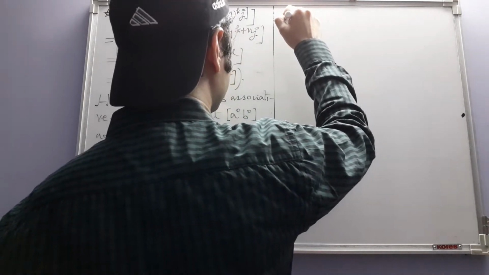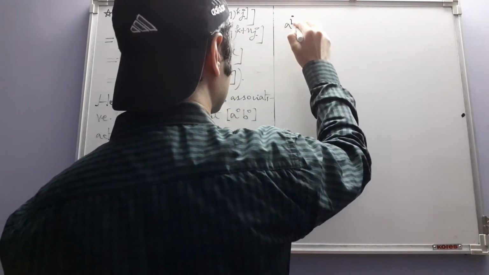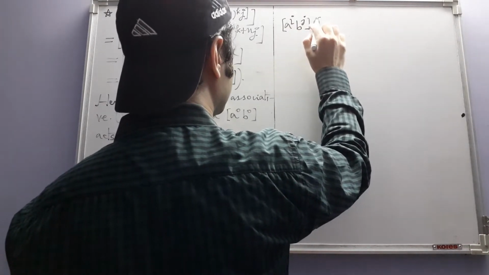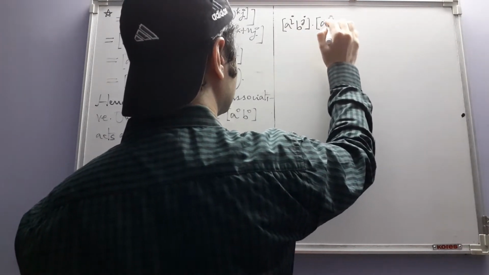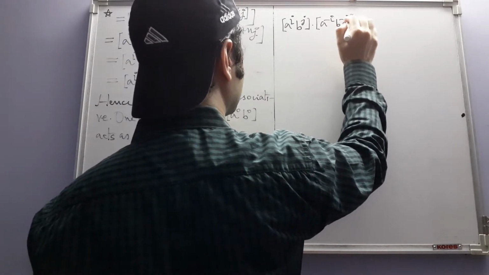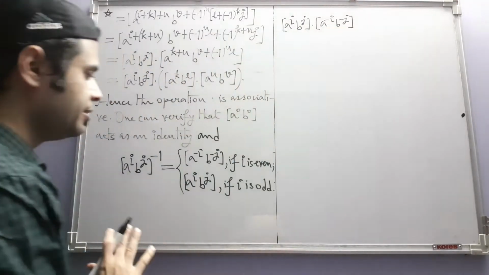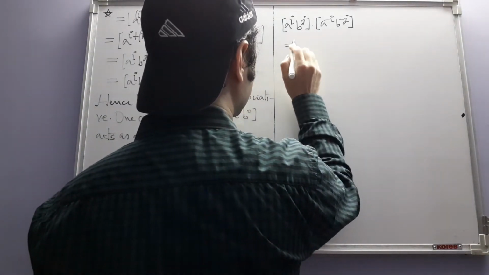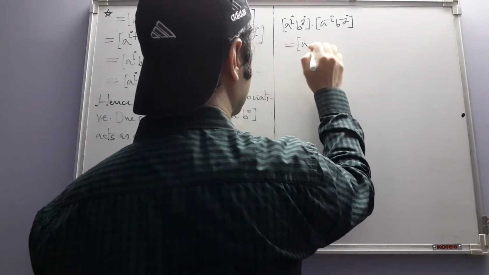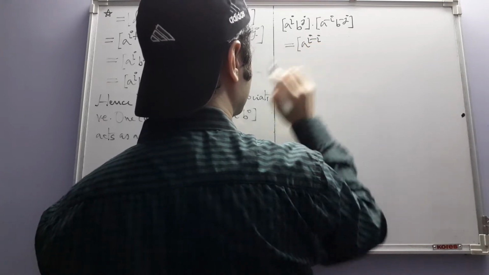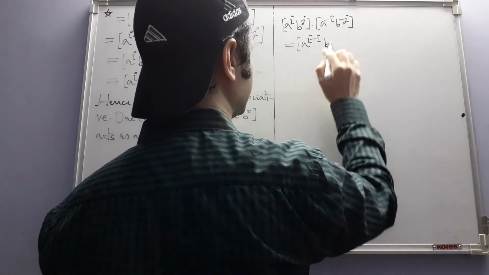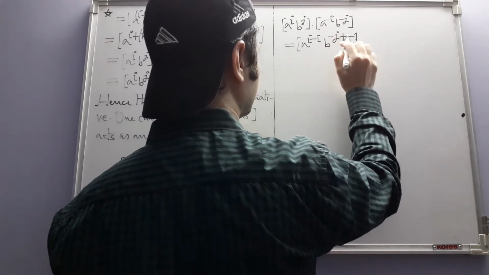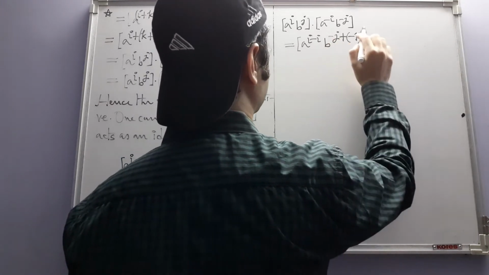So what happens when we operate these two? Say i is even, okay. Under that condition, the first one is of course i minus i. What about the second one? Minus j plus, oh, okay, now I understand.